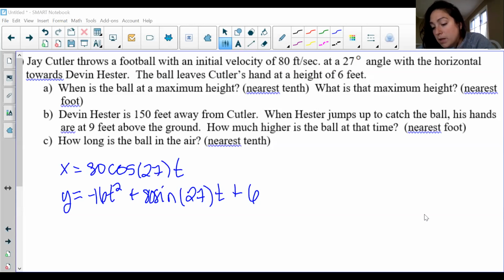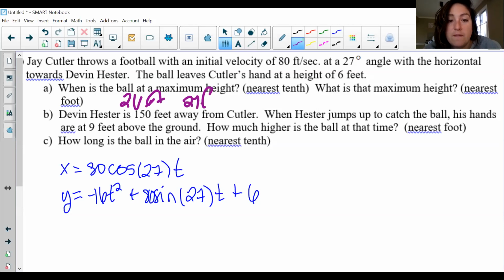Then it starts to get smaller, 26.1. It said round to the nearest foot, so 26 feet, maybe 27 feet. Depending on your T step, you might have gotten something a little more accurate, but it should be right around 26, 27 feet.